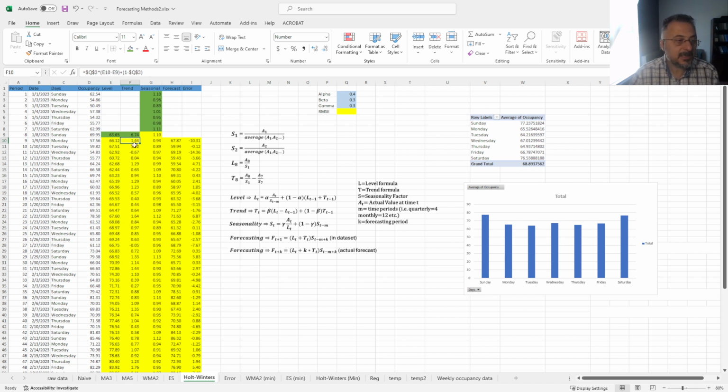Trend is here. It says you take the beta. Once again, lock it down and multiply by LT minus LT minus 1. So LT is here in your time period, minus the time period before this one. So E10 minus E9.